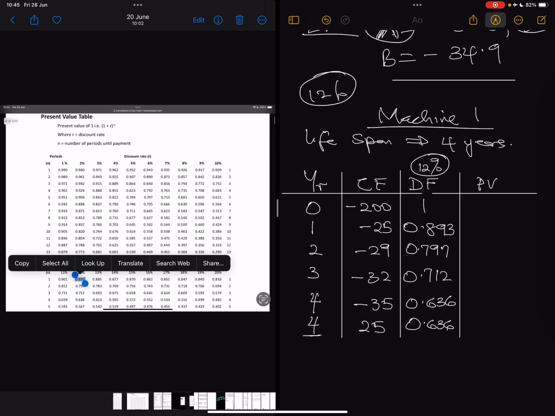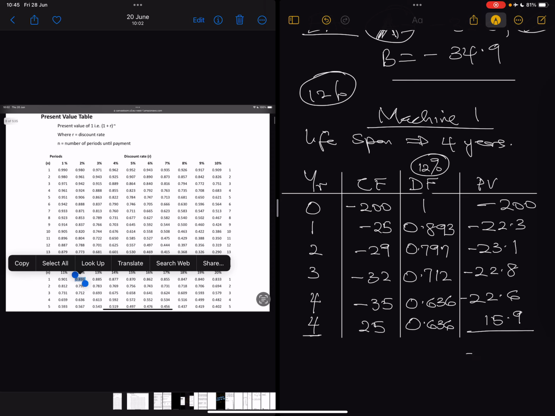And if we multiply the cash flow by the discount factor, this remains minus 200. This becomes 22.3, this becomes 23.1, 22.8, and 22.6, all negative, and this is positive 15.9.